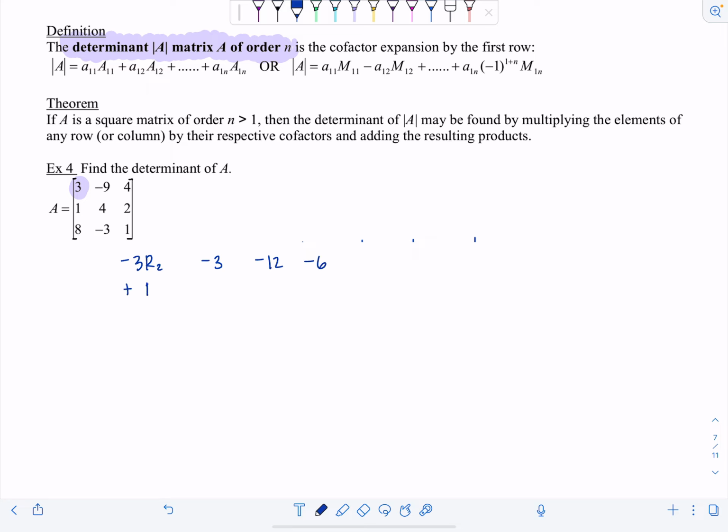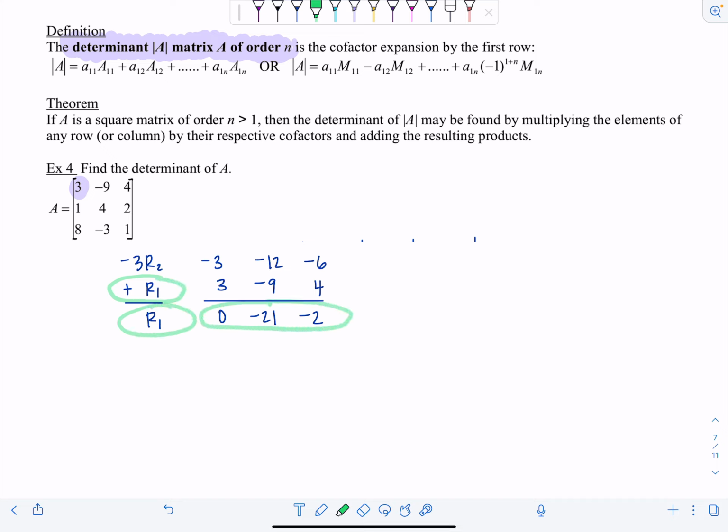And then I'm going to add that to row 1, 3, -9, 4. And I'm going to be left with 0, -21, -2. And this is my new row 1. If you'll remember your row operations, whichever row you add to, that's the one that gets replaced. If you mess it up, then the sign is going to come out wrong. So be careful.